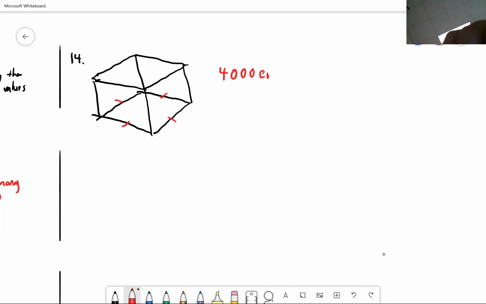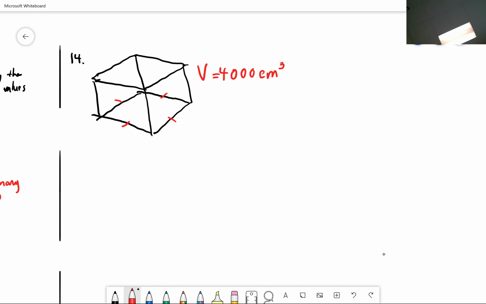So it can hold a maximum volume of 4,000 centimeters cubed. Then it says, find the length of the side of the base when the amount of material used to make the box is as small as possible.